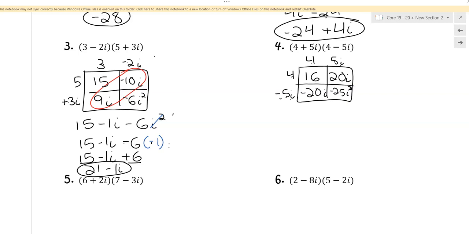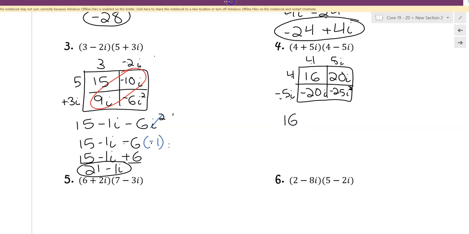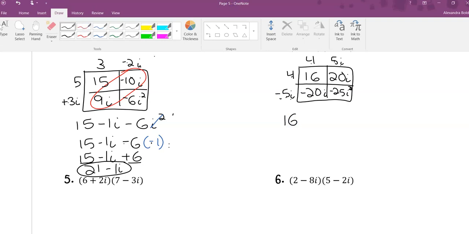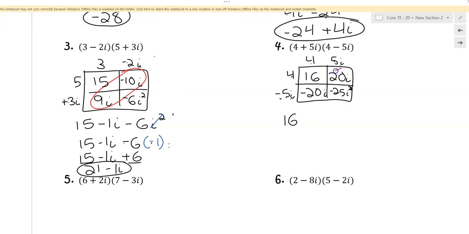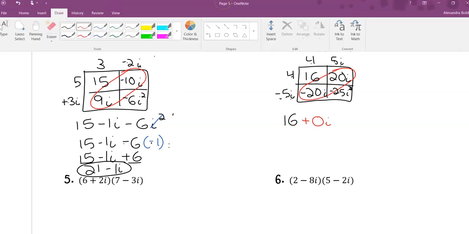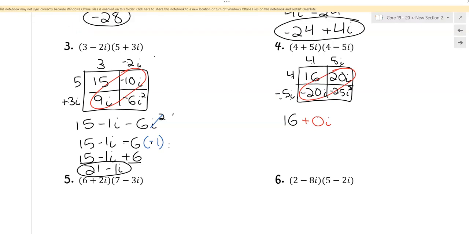So we have 16. If I combine 20i and -20i, well, 20 and -20 make 0i. And then I have minus 25 i squared.